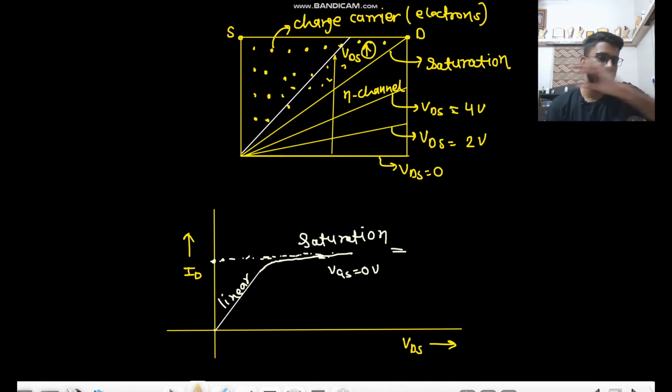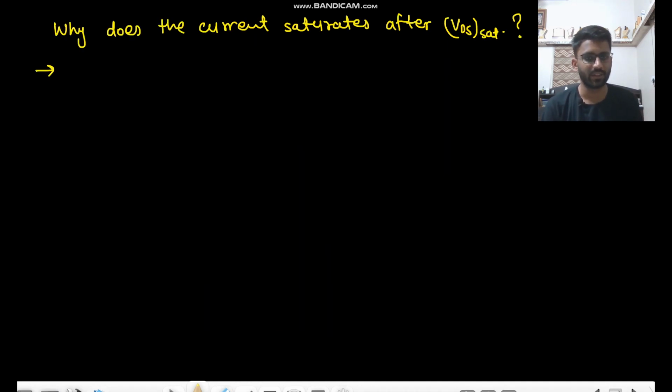Before that, the channel width was at least complete, but now it is getting decreased, so it will have very few charge carriers and more electric field. That's why the current will saturate. That's the complete explanation. Now I will write here why the current saturates, just whatever I have told.